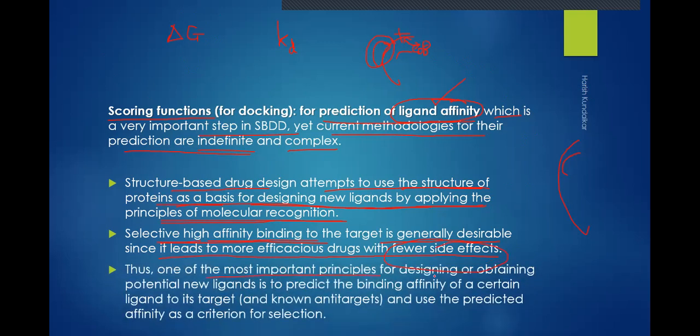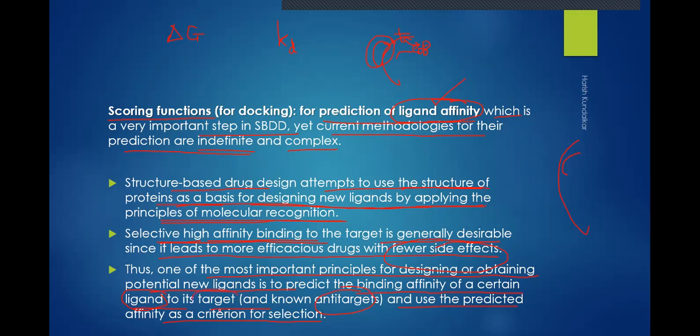Thus, one of the most important principles of designing or obtaining potential new ligands is to predict the binding affinity of certain ligands to their targets and use the predicted affinity as the criterion for selection. We can also predict the affinity of the ligand to anti-targets. Anti-targets are those other targets where the ligand should not go and bind.